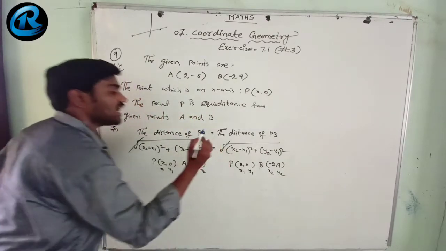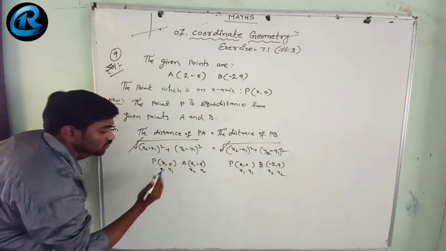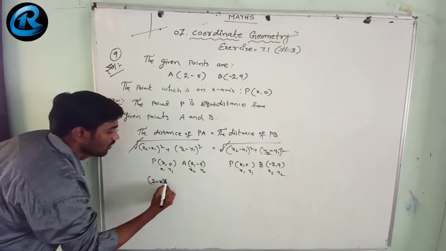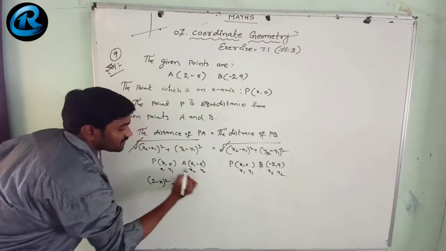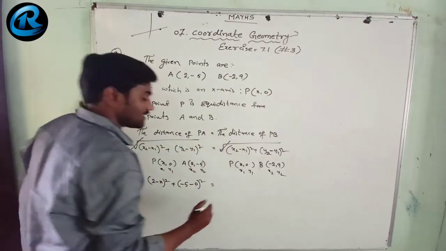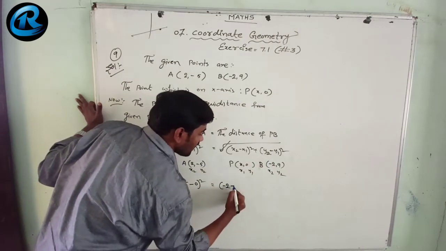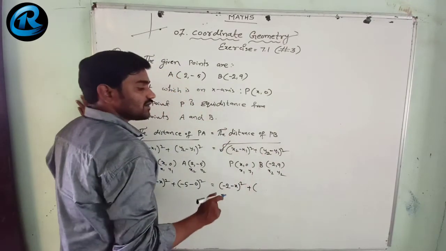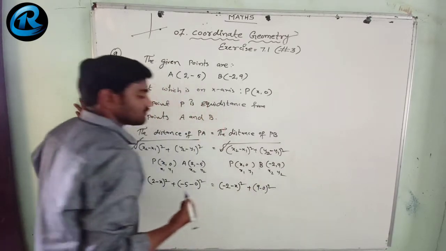On both sides you cancel the square roots, so that we get x2 minus x1 whole square plus y2 minus y1 whole square. Here x2 that is 2 minus x1 that is x, whole square, plus y2 minus y1, minus 5 minus 0, whole square. On the other side, minus 2 minus x whole square plus 9 minus 0 whole square.